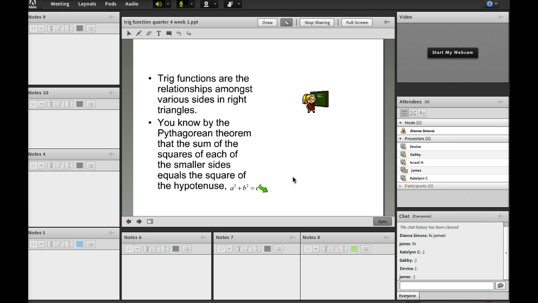Are you there, Israel? I said, do you remember the Pythagorean theorem? A squared plus b squared is equal to c squared. Okay, good. All right.